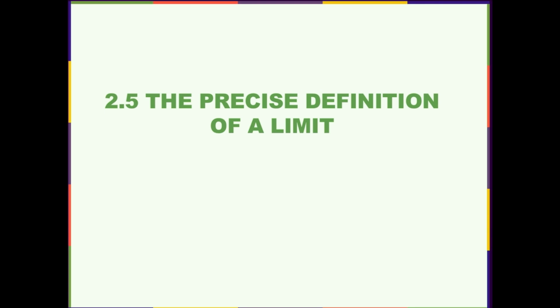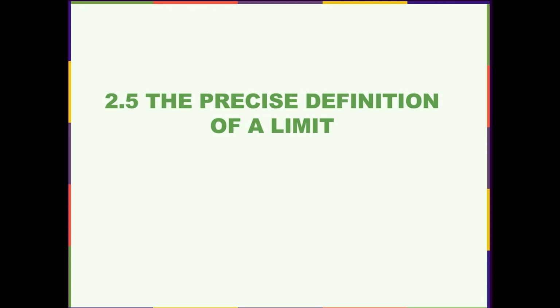The reason mathematicians created this precise definition is because intuition isn't always enough. Sometimes graphs can be misleading, calculators can round values, and our eyes can trick us. Once we have this precise definition, you'll see that it becomes the foundation of many of the ideas that we've already studied.